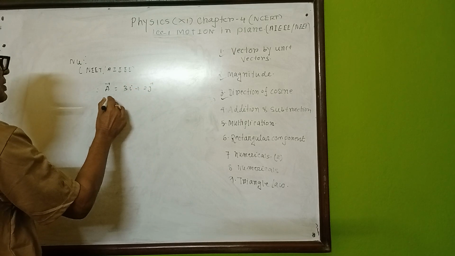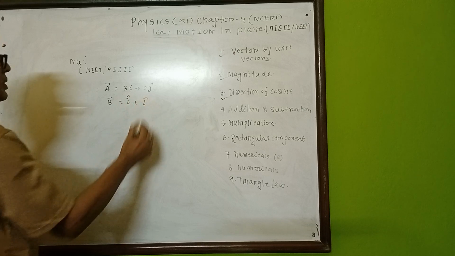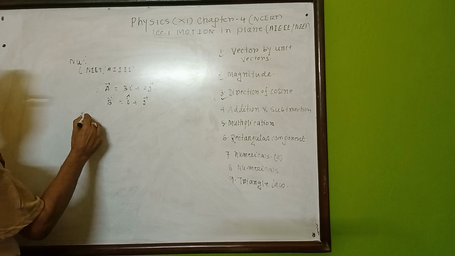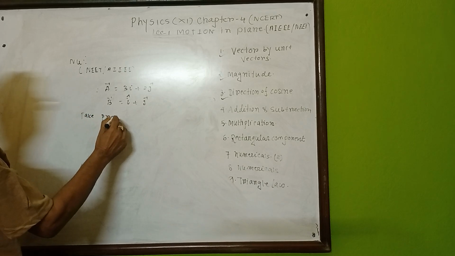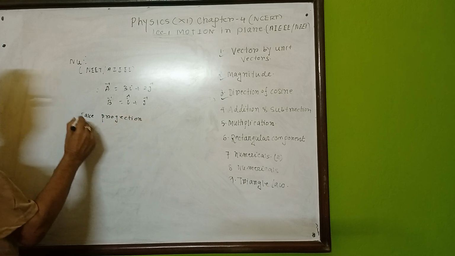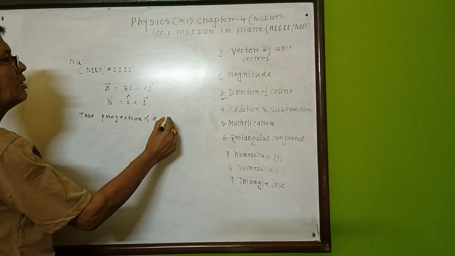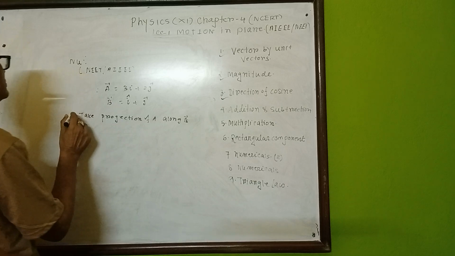B is another vector, i plus j. The question is: take the projection of A along B. Clear? This is the question.